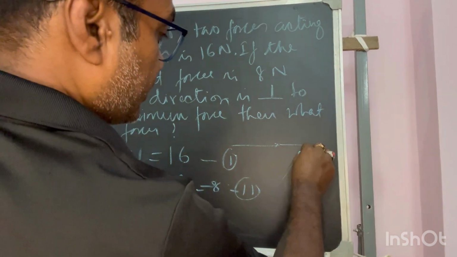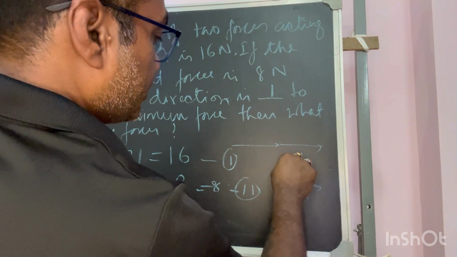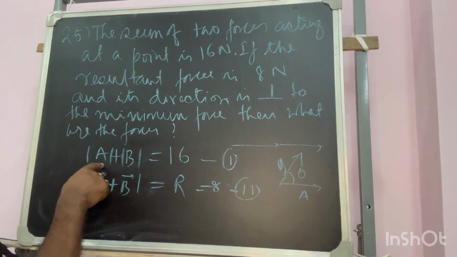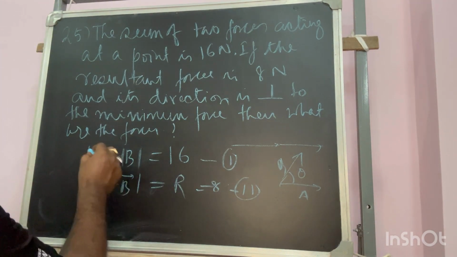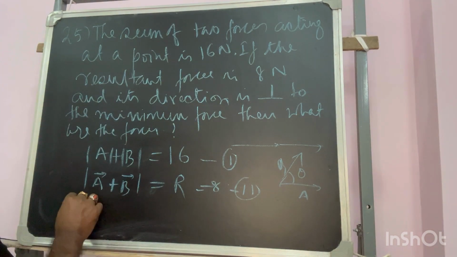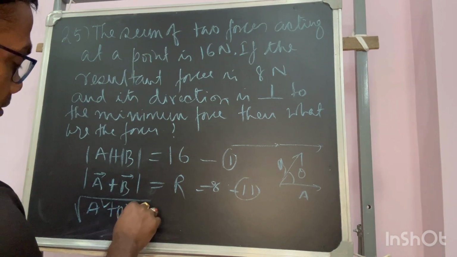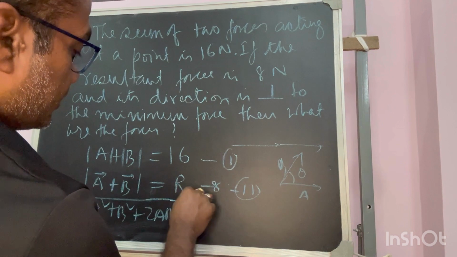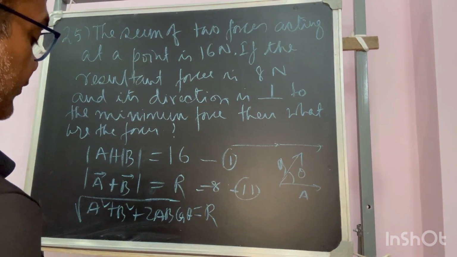So two vectors acting in any direction with angle theta between A and B, the resultant is this, but individually if I add the magnitudes of A and B, that is 16. So basically it is A plus B. Here the resultant is the square root of A square plus B square plus 2AB cos theta, equal to R.